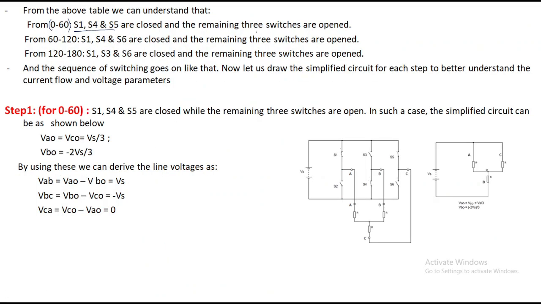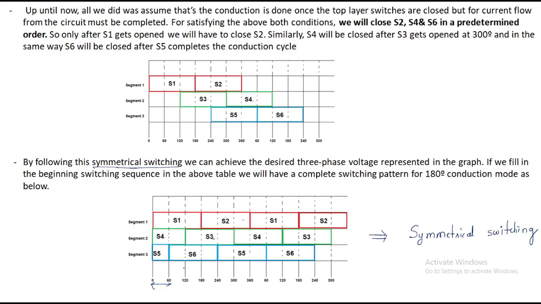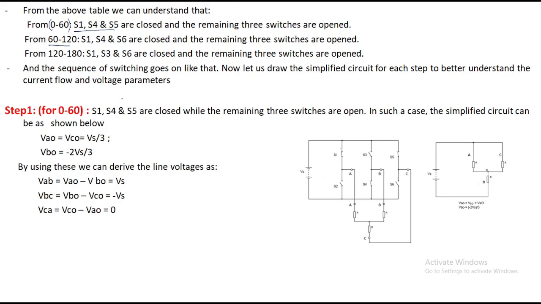Understand? The remaining three switches are open. Open means off. For 60 to 120 degrees, S1, S4, S6 are closed and the remaining three switches are open.